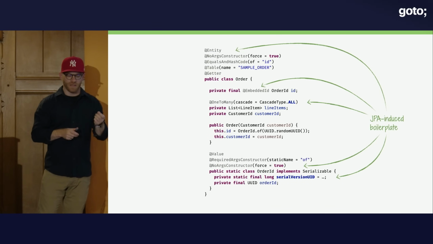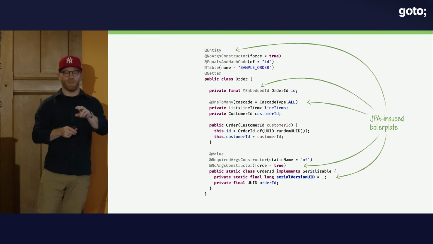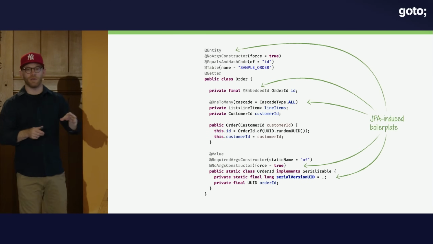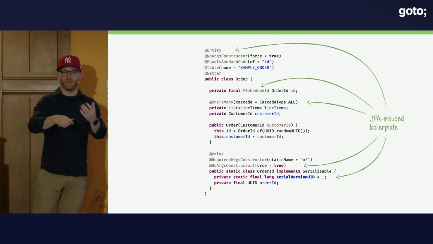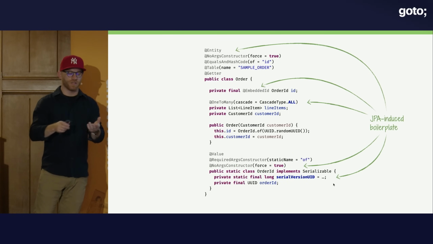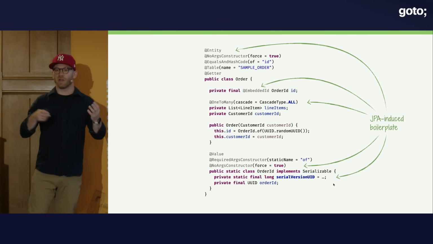But there's other stuff in here that's even more problematic, and subtly problematic, right? JPA requires you to have a default constructor, which somehow subverts our ability to keep fields non-nullable and whatnot.